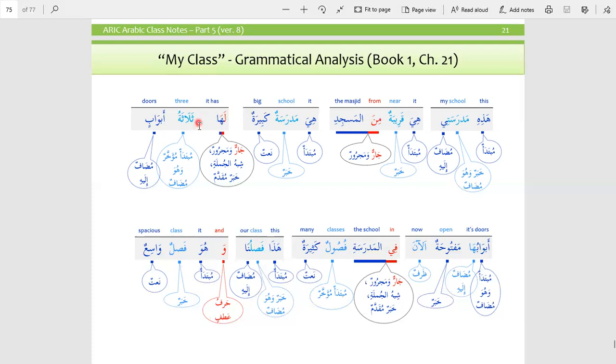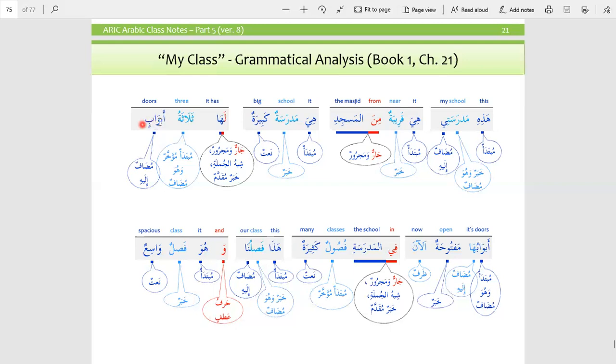So thalathatu abwabun. Remember, we said numbers carry mudaf and mudaf ilayh, and always opposite. Look at this. Thalathatu is feminine. Abwabu is masculine, which means those. But the concept here on numbers, we always look at the singular form of abwab. Remember, abwabun, we said is kulli jam' mu'annath. It doesn't apply here on numbers.